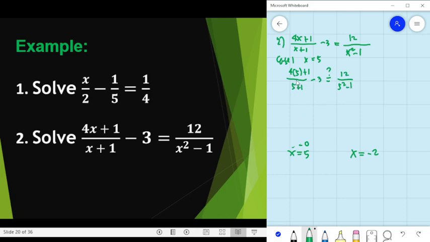So we have 4 times 5 is 20 plus 1 all over 6 minus 3. Is it equal to 12 over 25 minus 1? 20 plus 1 is 21 over 6 minus 3. Is it equal to 12 over 24?